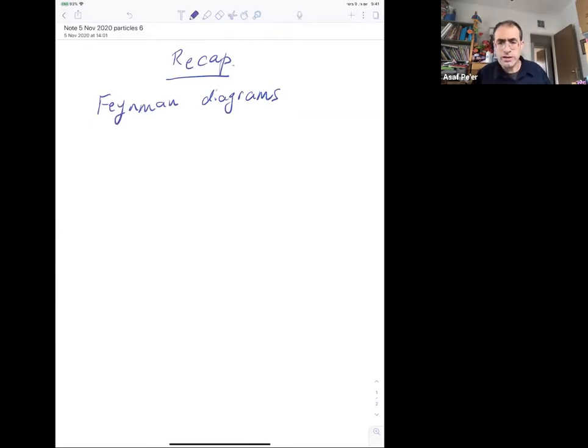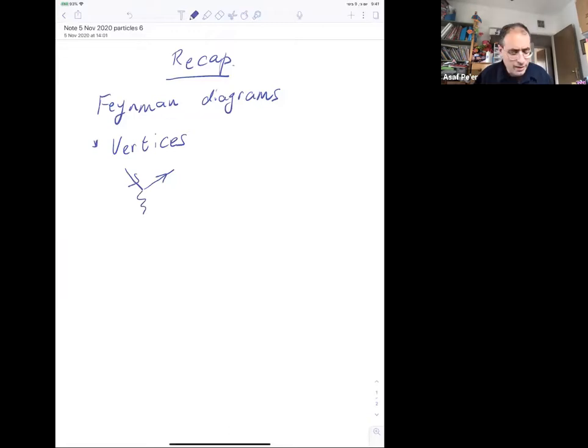So we spoke that the key factor in the Feynman diagram is the vertex, vertices, right? That connects the leptons with the relevant gauge bosons, and this is the way that mediates the interactions. We said that there are several key properties of vertices, right?